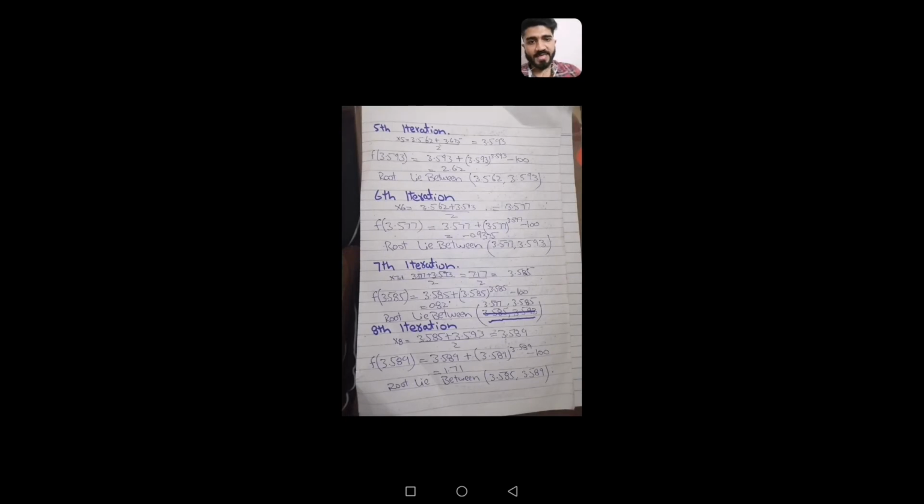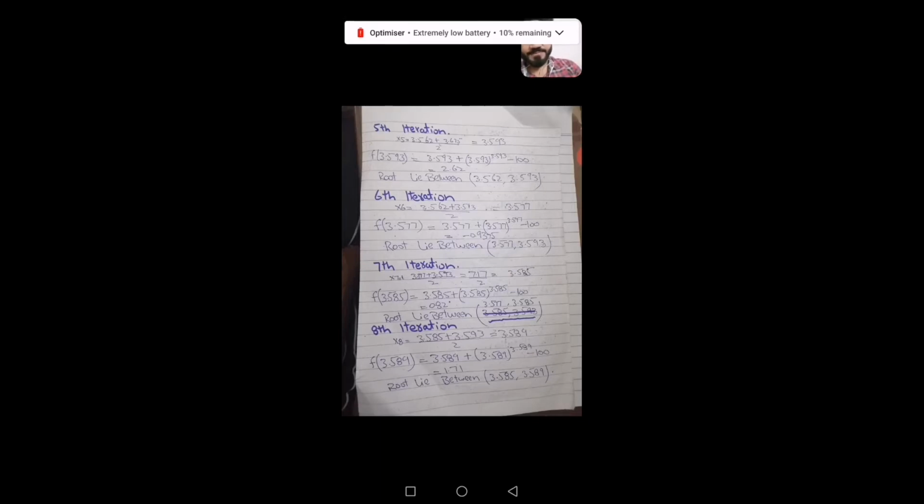Again we bisect it. We got 3.593. Again we put the value in the function, and we get a positive value, which is 2.62. So our root lies between 3.562 and 3.593. Now we come to the sixth iteration.